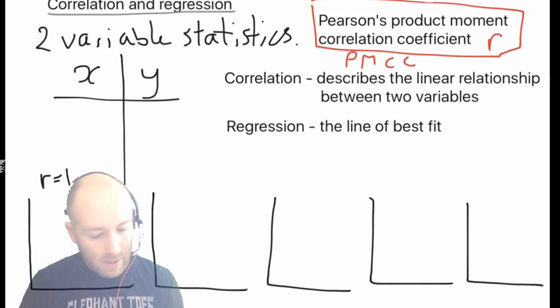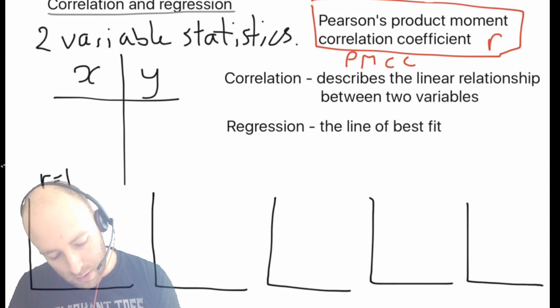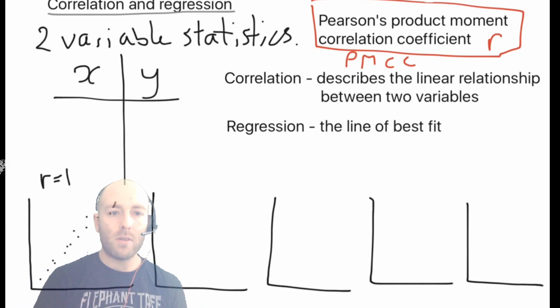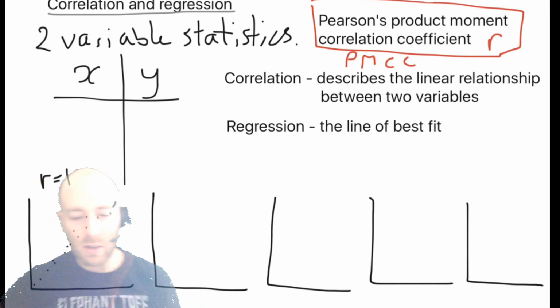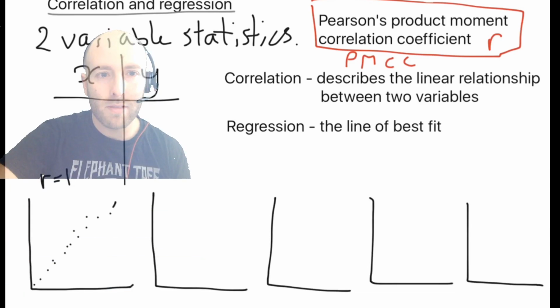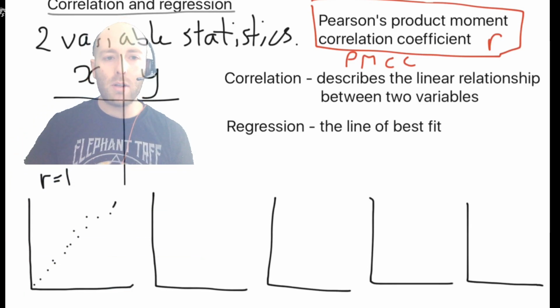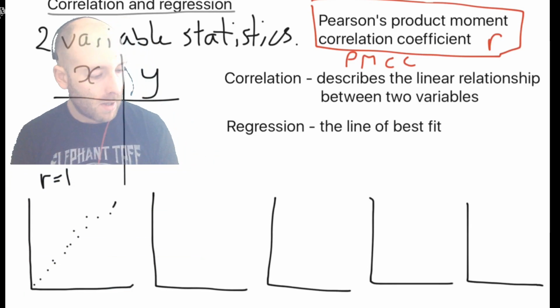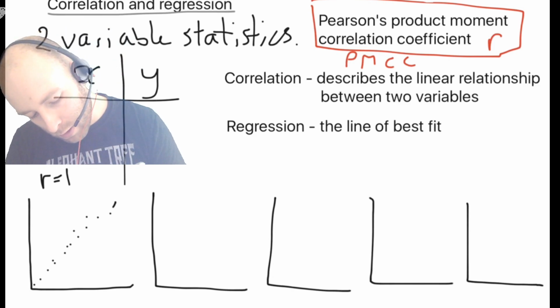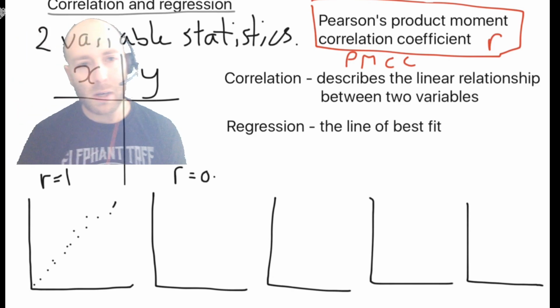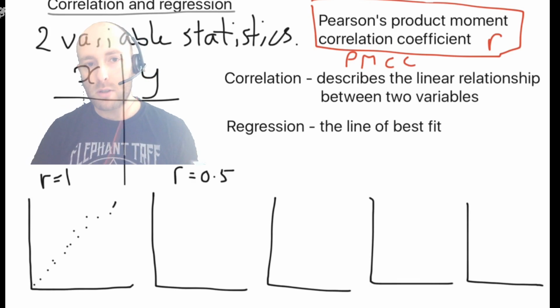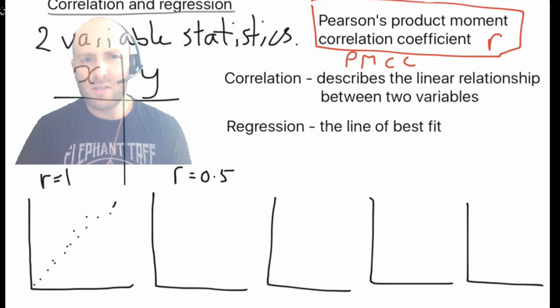So for some data that's got R equals 1, we'd expect data that pretty much follows a straight line. So you can see we've got very linear data. Then R might decrease. We might get R as 0.5. So we're still talking about a positive correlation because it's greater than 0, but it's not as close to 1.